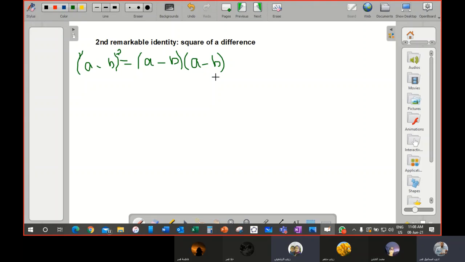Okay, and we expand like we did in the first step: first times first, then first times second, and second times first, second times second.